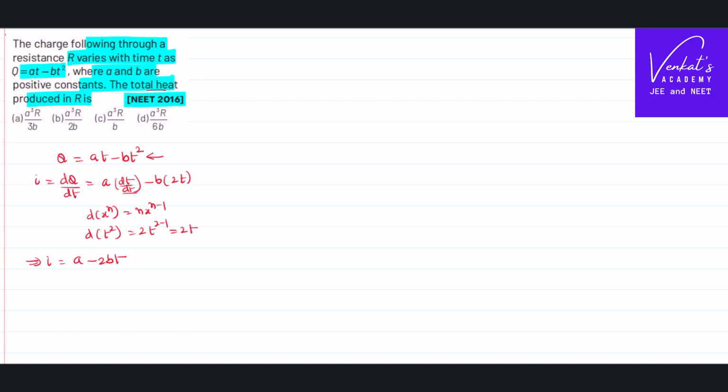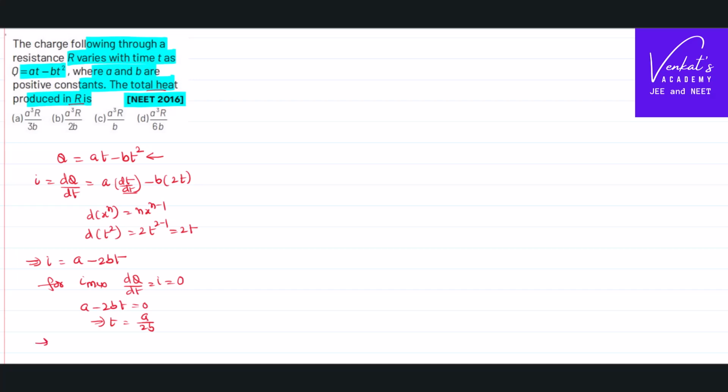As he wants the maximum current, for I maximum, dI by dt has to be equal to 0. That means A minus 2Bt equals 0, which implies t equals A by 2B.